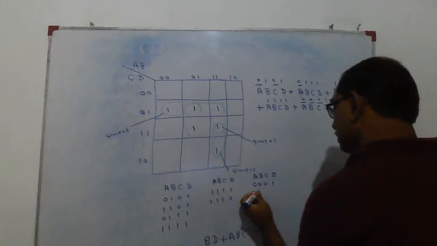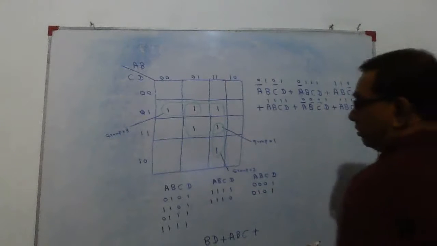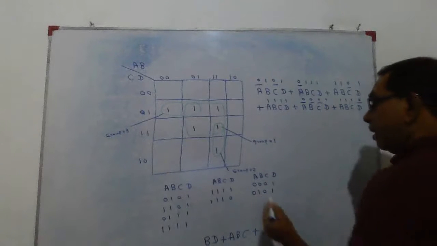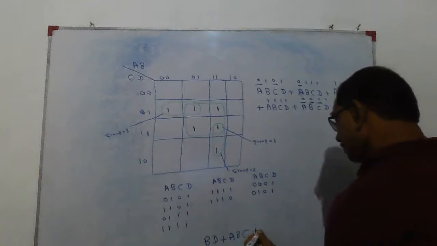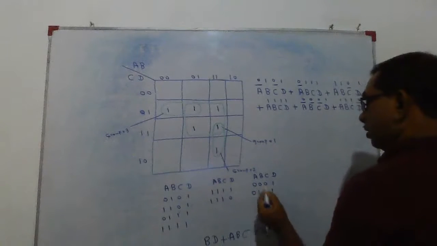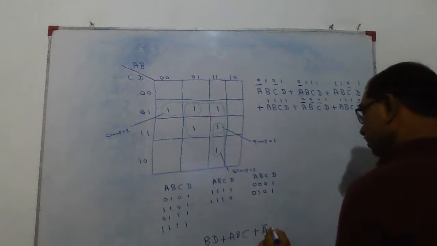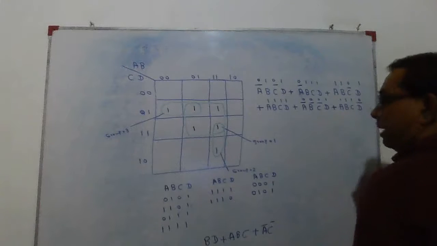What we have as a common value here, we have A bar. A is bar, so we say A bar. B is not common, but C bar is common. So A bar and C bar has come.